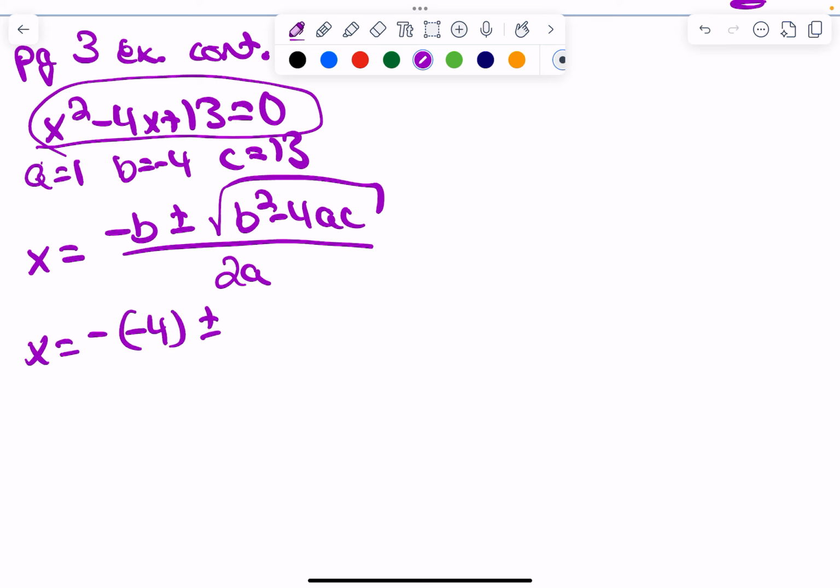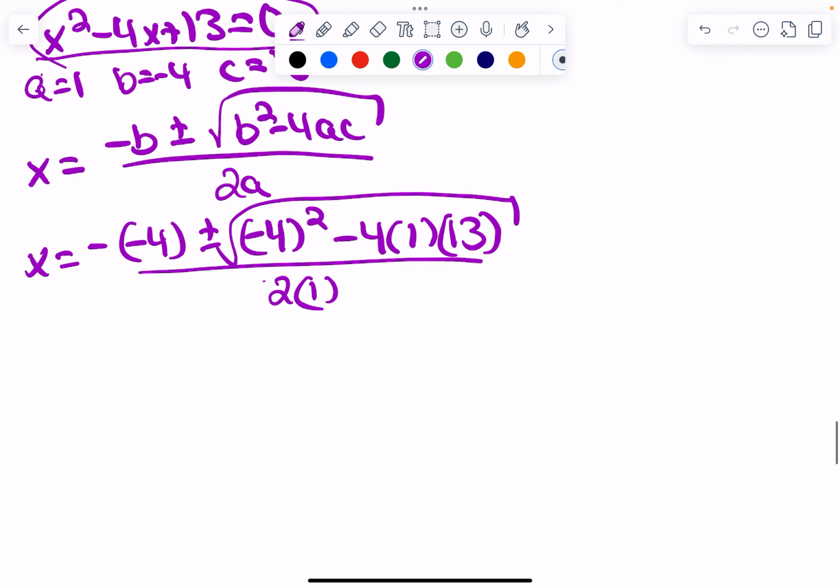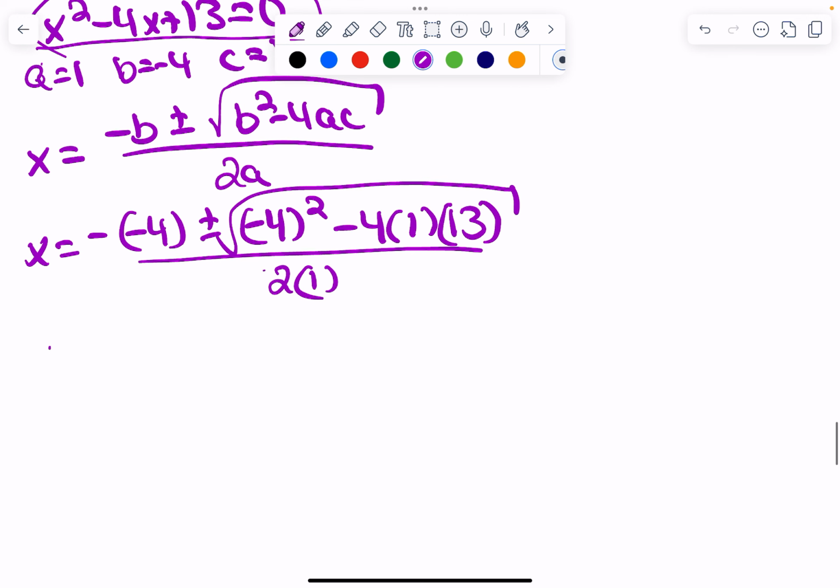So x equals -4 plus or minus the square root of (-4) squared minus 4 times 1 times C, which is 13, all divided by 2 times 1. Okay, so when we simplify this, we get -36 under the root, divided by 2.